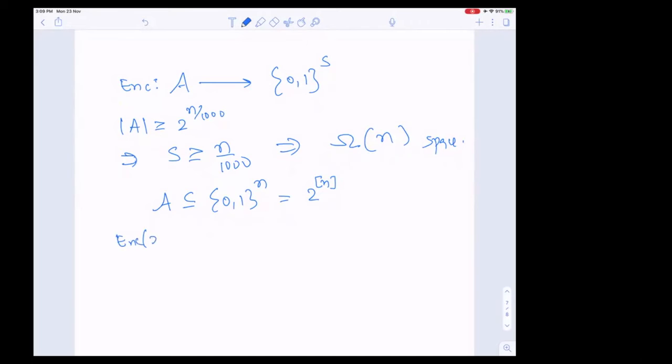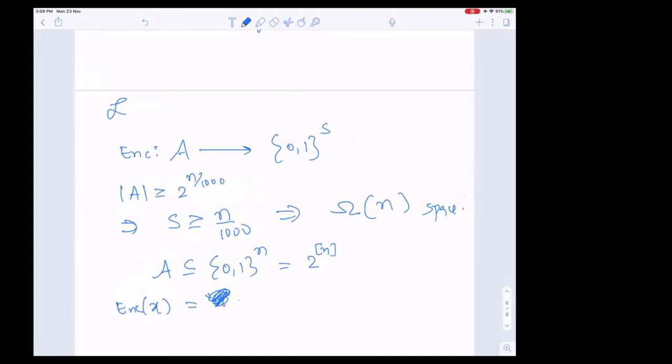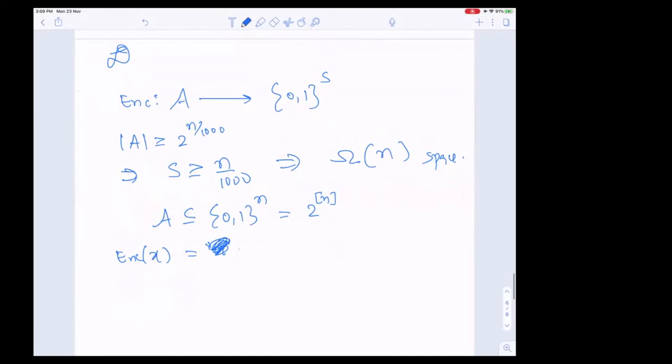Encoding of x, if I think of A as 2 to the power n, is just x. Encoding of x will be nothing but whatever the algorithm is. Say for this we have an algorithm D approximation, so the memory content of D run on x, x tilde, if I think of this.